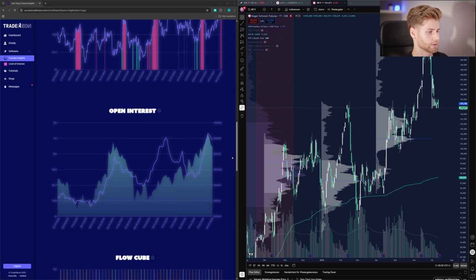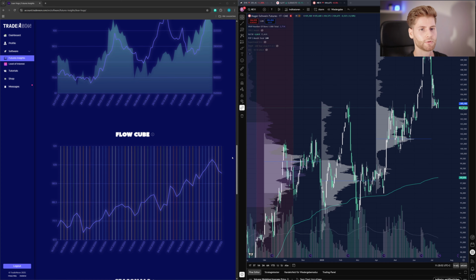The flow cube is also quite interesting at the moment, because it simply shows us that this downwards move right here is not because new short open positions are formed, but rather because the long positions that we had in the market are now liquidated.